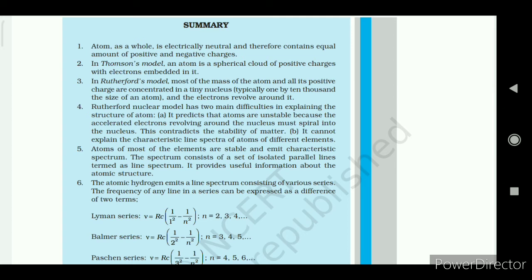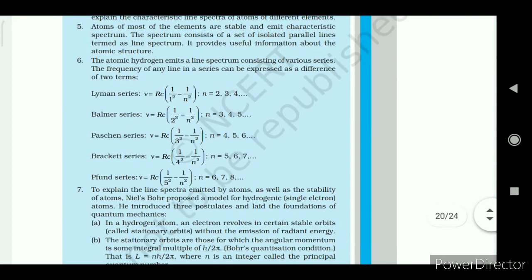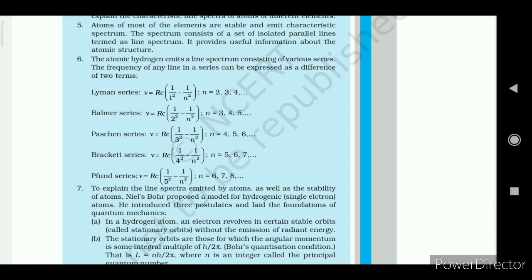The stationary orbits are those for which angular momentum is some integral multiple of h upon 2 pi. That is, L is equal to nh upon 2 pi, where n is an integer called the principal quantum number. Number 3. The third postulate states that an electron might make a transition from one of its specified non-radiating orbits to another of lower energy, or E final.